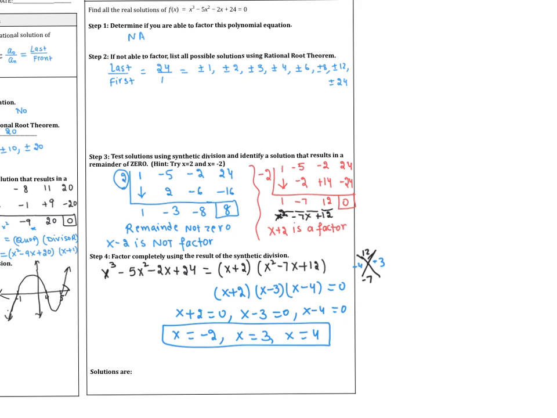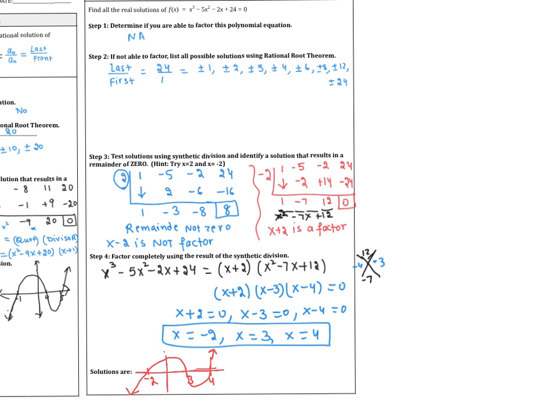So when we graph this, this is how it looks. It cuts at negative 2, it cuts at 3, and it cuts at 4, because those are the three zeros you have. So we can guess that the graph should look like this.